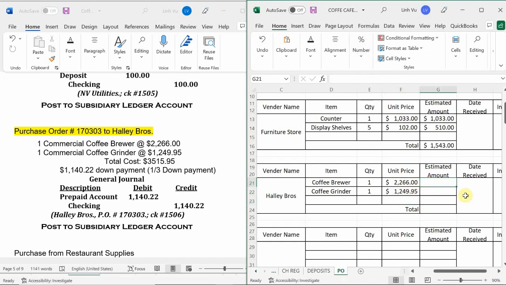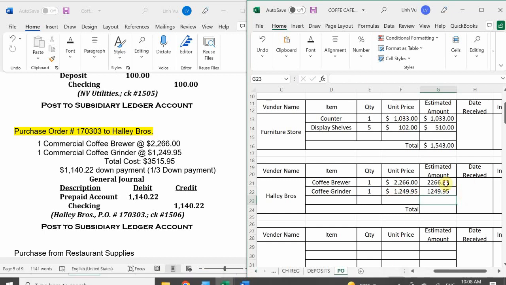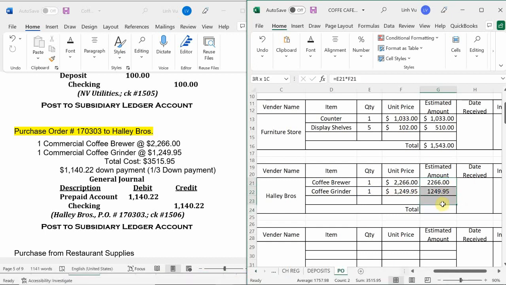One coffee brewer is going to be $2,266, and then one coffee grinder is going to cost me $1,249.95.